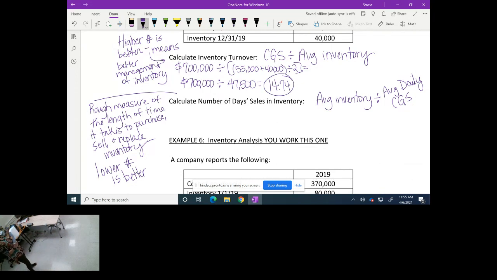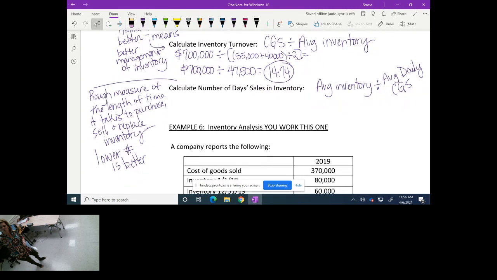I don't know. What kind of business is it? What's the industry average? You have to have something to compare it to. Obviously the turnover of a jewelry store's inventory is going to be slower than Walmart's, because Walmart's selling stuff like crazy. A jewelry store has high price items, so their turnover is going to be slower. So you've got to compare it to things that are meaningful.